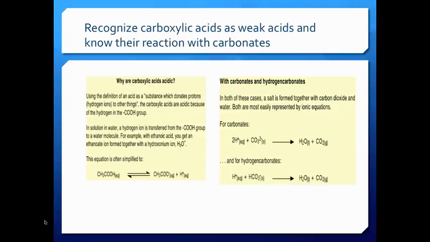In a solution of water, a hydrogen ion is transferred from the COOH group to a water molecule. You can see that equation below. With carbonates and hydrogen carbonates, a salt is formed together with carbon dioxide and water.